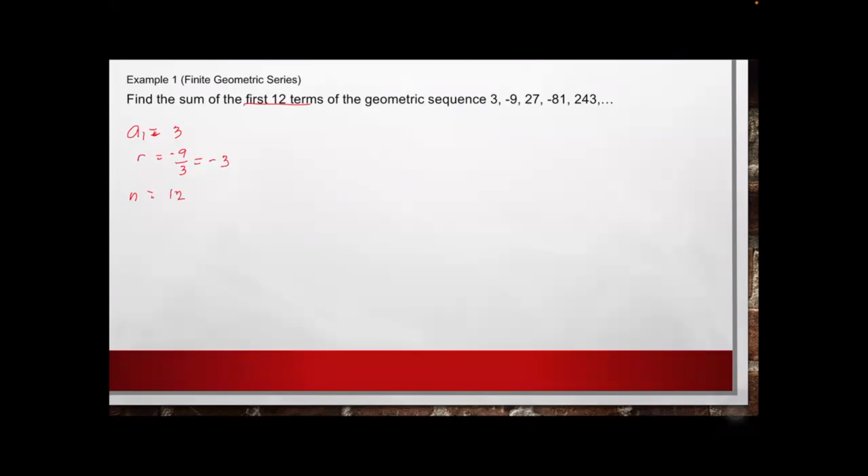So, the formula that we will have here, S sub n is equal to a sub 1 multiplied by 1 minus r raised to n over 1 minus r. So this will be S sub 12 is equal to a sub 1, which is 3, times 1 minus negative 3 raised to 12 over 1 minus negative 3.